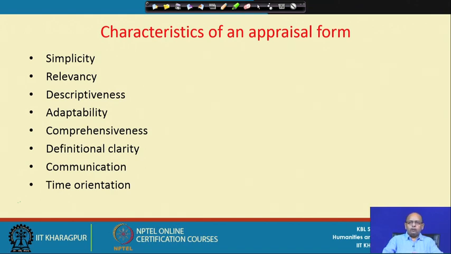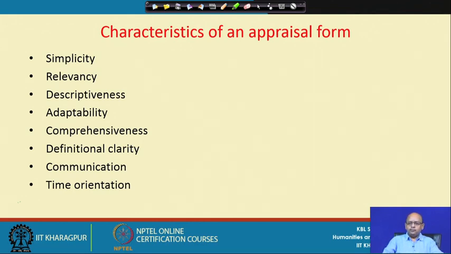So, make sure that you are going to use all those relevant items and dimensions for measuring the performance, and then you also provide a description. For example, when you are going to use a 5-point scale, okay, and you are simply writing not at all to a great extent on a 5-point scale, it is not very clear what it means.